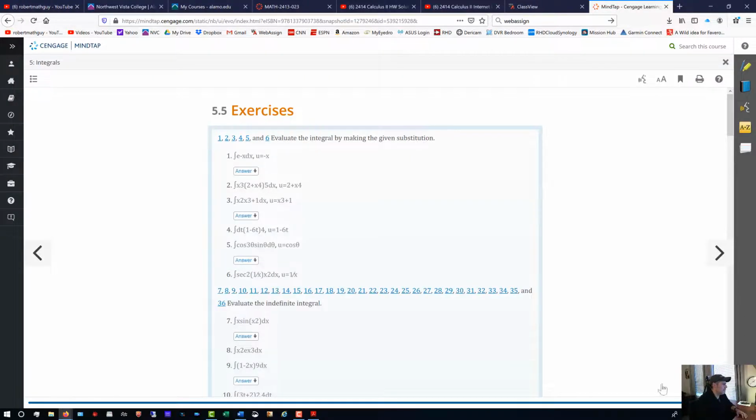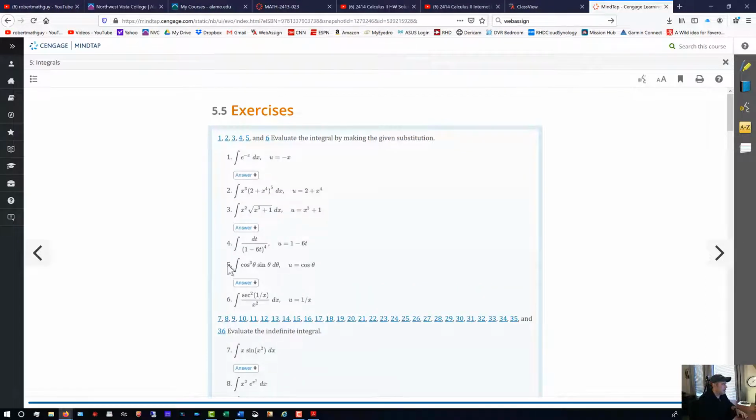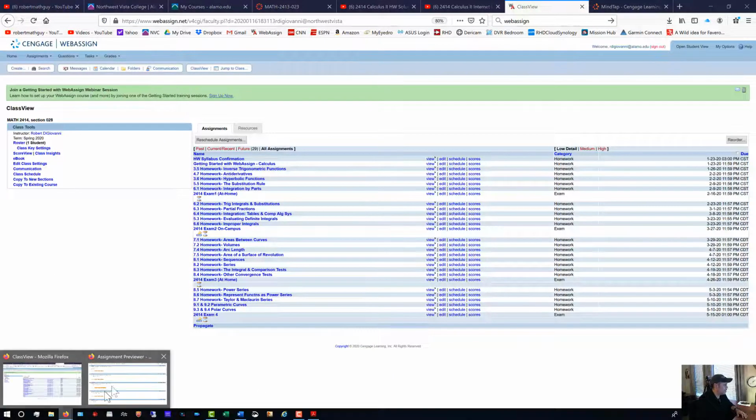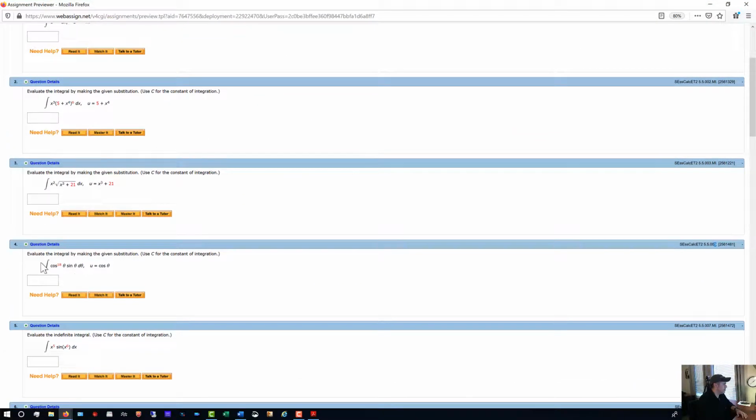Let's bring that up. Here it is, number 5. Number 5 out of section 5.5 looks very similar to the problem you're supposed to do. This one right here, number 4, looks like number 5 from the textbook.